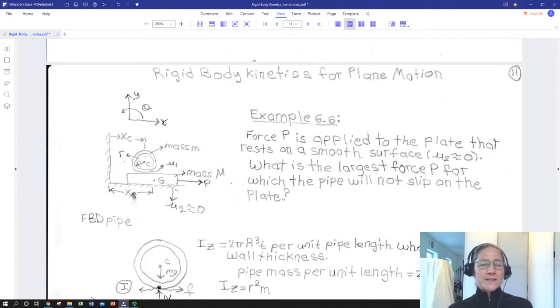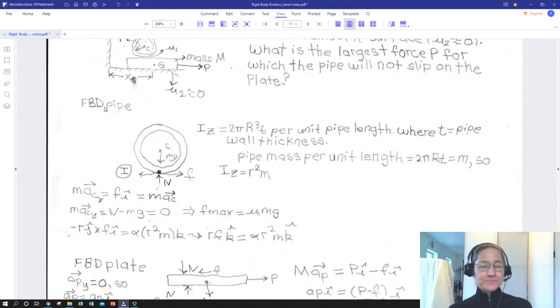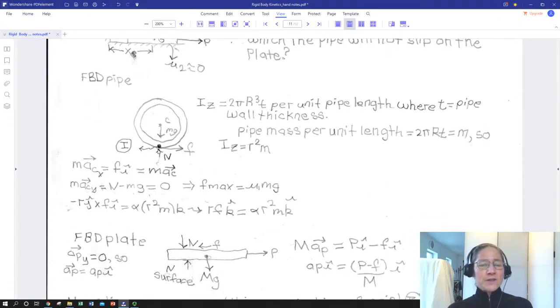So x is positive to the right, y is positive upward, and rotation is positive counterclockwise. So friction is in the positive i-hat direction. I've noted that if we're rolling, this contact point is I with a circle, meaning it's an invariant point of instantaneous zero velocity, just to remember that we have that relationship if we need it.